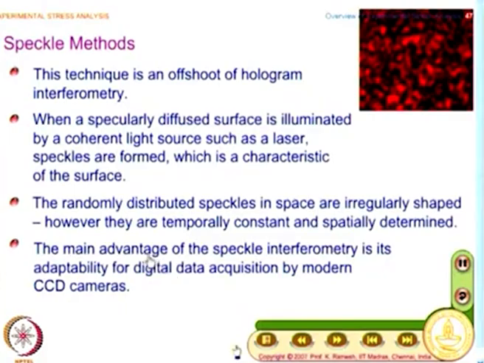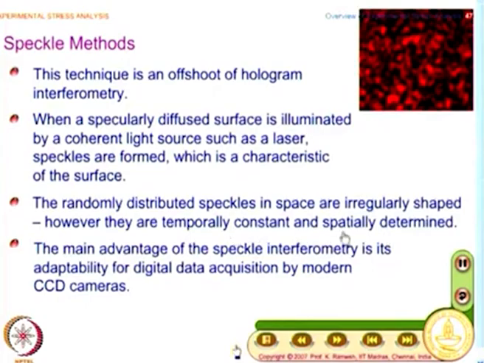And what you find here is the speckle distribution is random, but the advantage here is they are temporally constant and are spatially determined. This we will see again and again. We will emphasize these two aspects, that is, this is why we are able to use it as a technique.